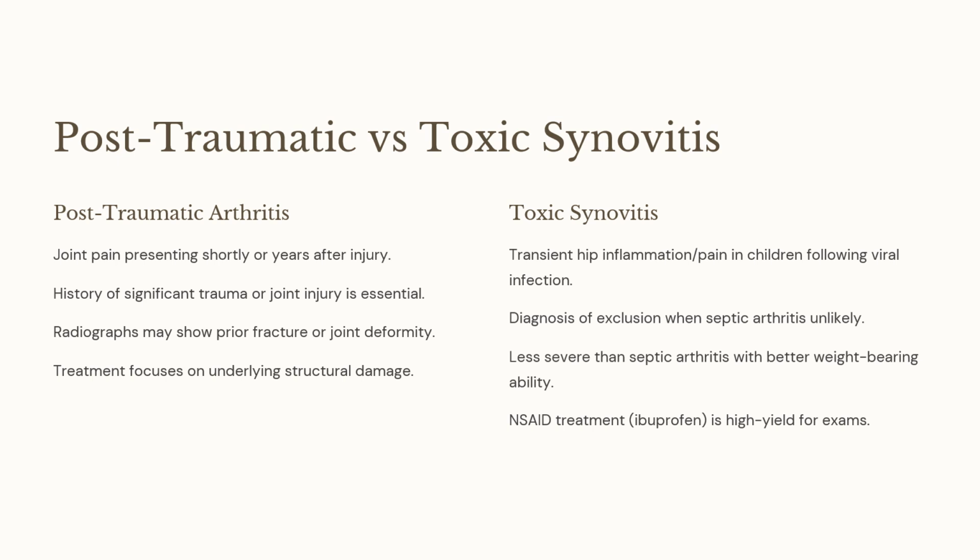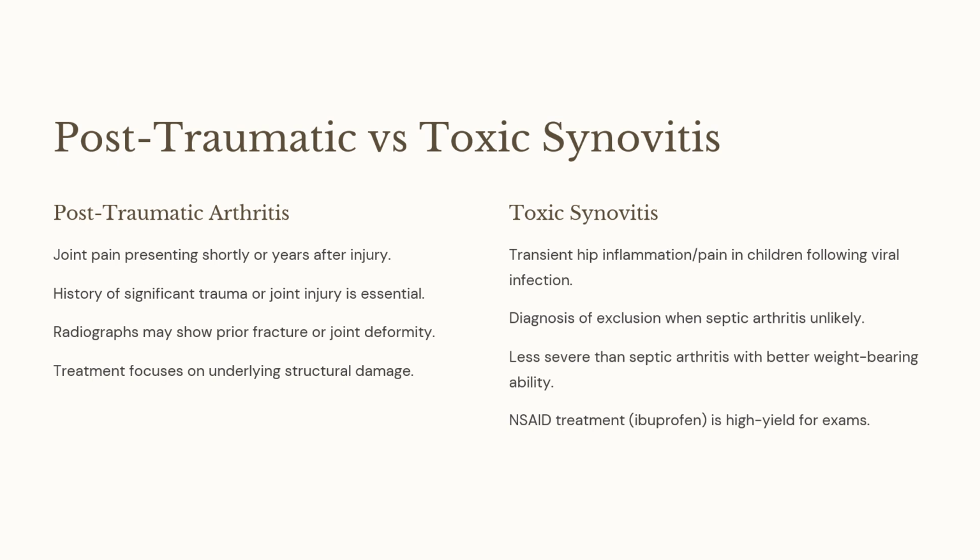The radiograph may show prior fracture or joint deformity. The treatment focuses on the underlying structural damage. Whatever damage has been caused by the trauma has to be repaired or attention has to be given to that. Then the arthritis will get better.